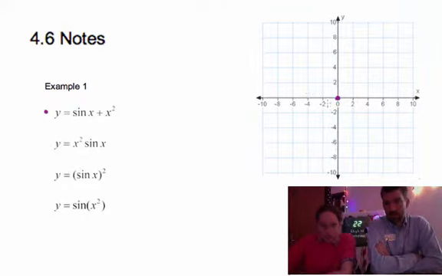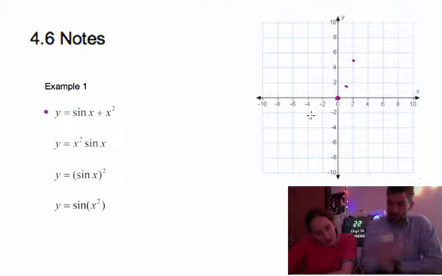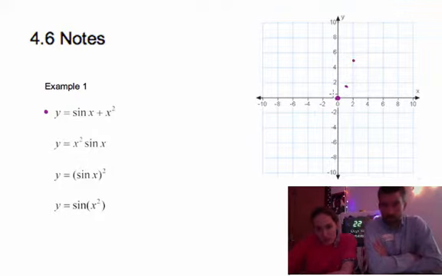For sin x plus x squared, you end up with 0, 0, and then 1, 1.84, so that's 1, almost 2, and then 2 is almost at 5. In the other direction, -1 is at 0.158, so just a little bit above 0, and -2 is at about 3.